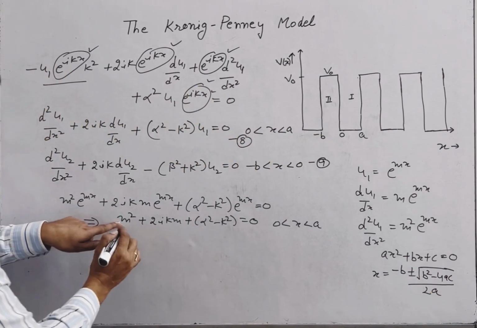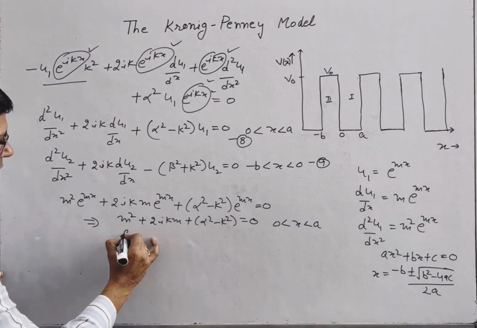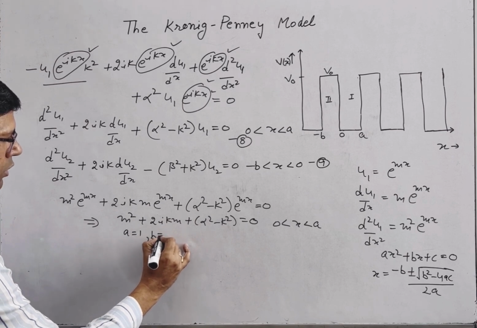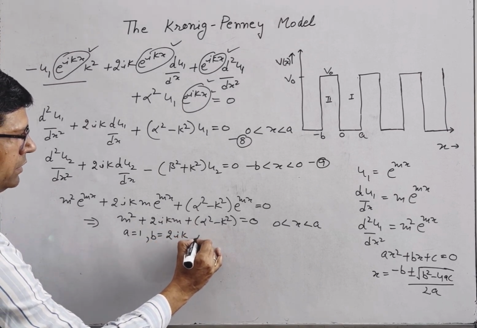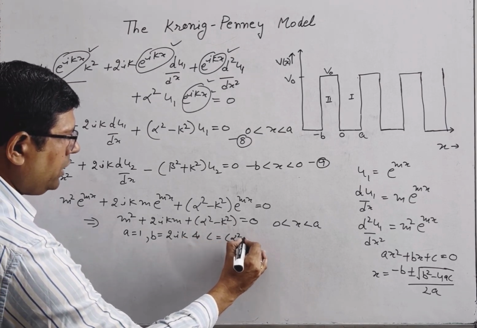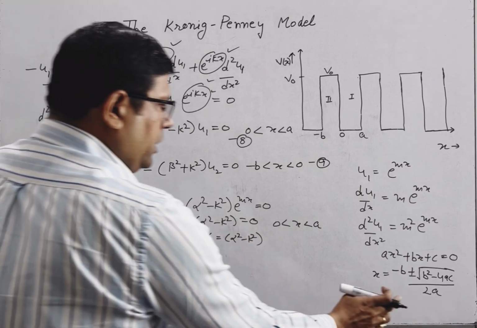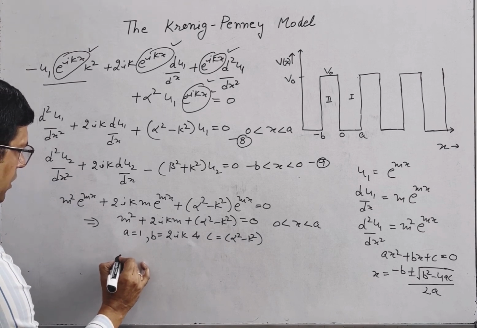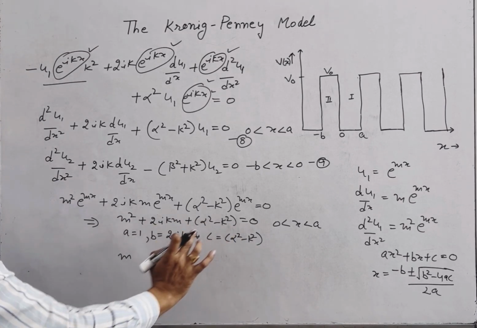So here, if we compare with this equation, a equal to 1, b equal to 2 iota k and c equal to alpha square minus k square. So when we put these in, we get the roots of this quadratic equation.